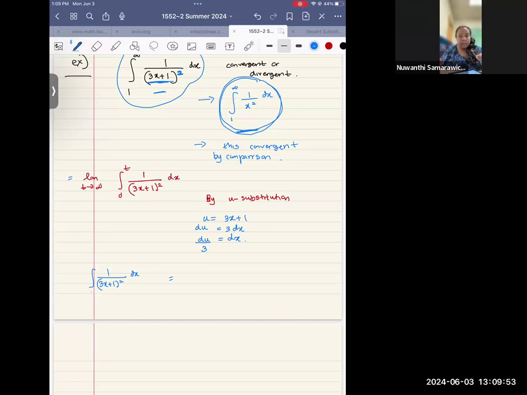Negative 1 over 3, yes. Let's wait for others too. Yes, very good.